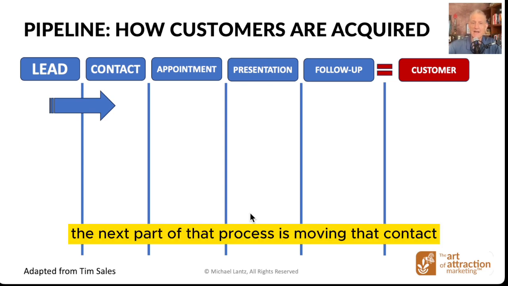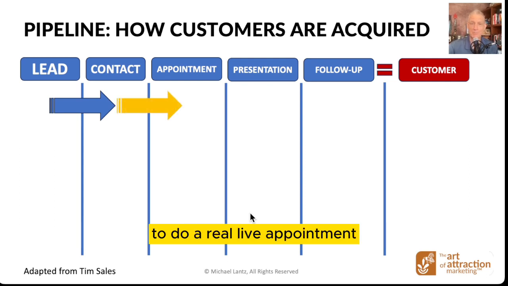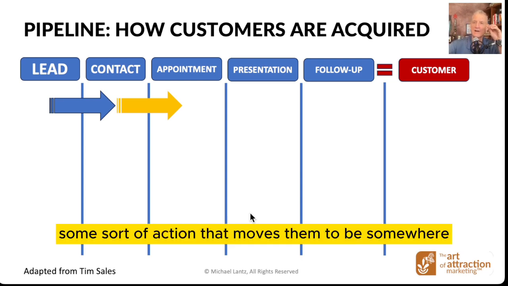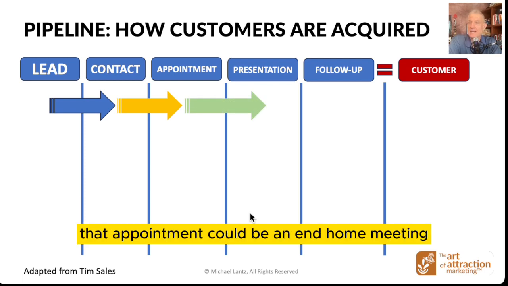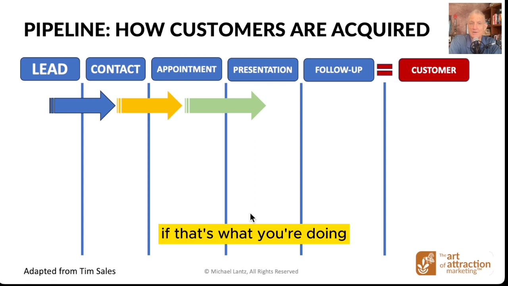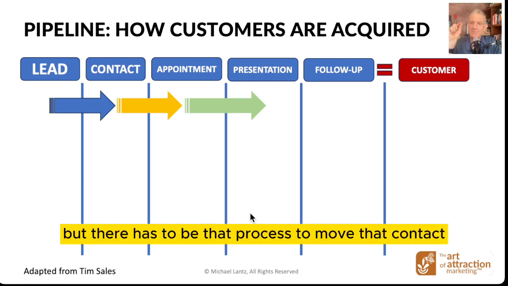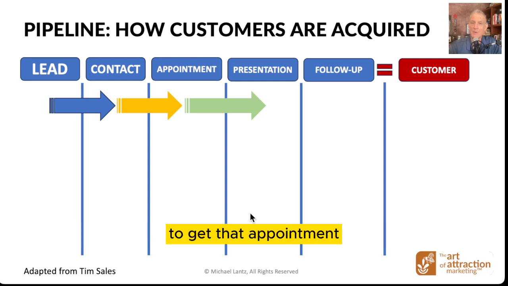The next part of that process is moving that contact to do a real live appointment, a Zoom call, a telephone call, some sort of action that moves them to be somewhere where you can then present a message. That appointment could be an in-home meeting if that's what you're doing. But there has to be that process to move that contact to get that appointment.